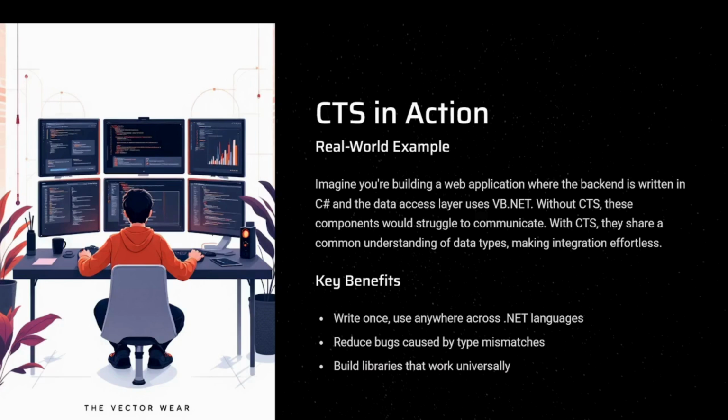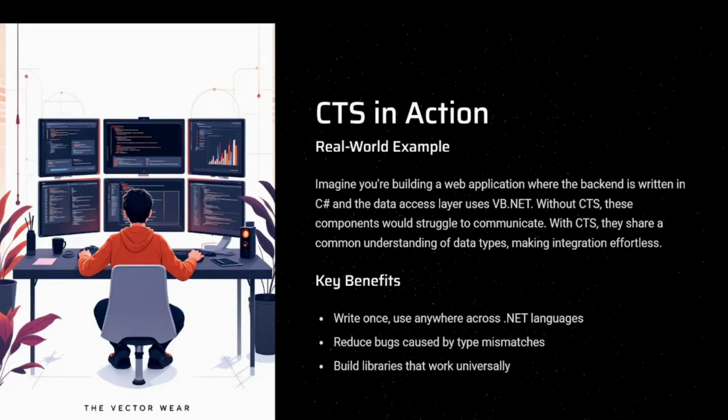But with CTS, what happens? All languages follow the same rules. All will understand the same data types and everything connects smoothly. So that's why in .NET you can build libraries once, you can reuse code, and you can work in teams using different languages. So CTS is quietly working behind the scenes, making everything smooth.